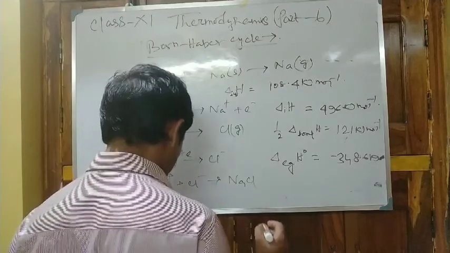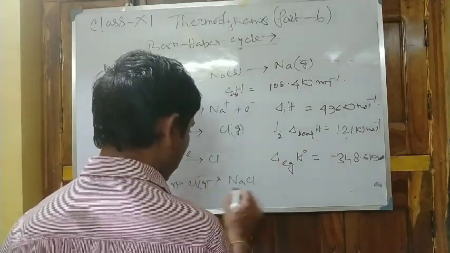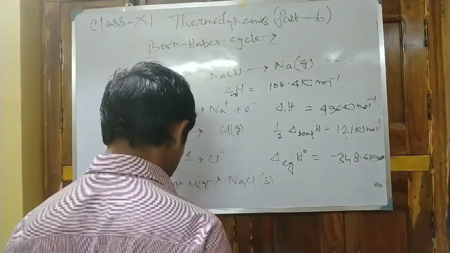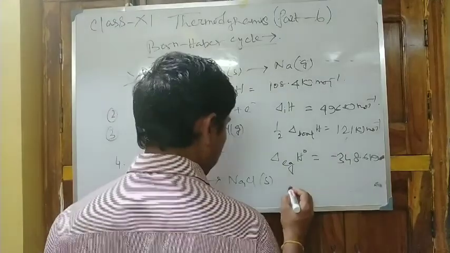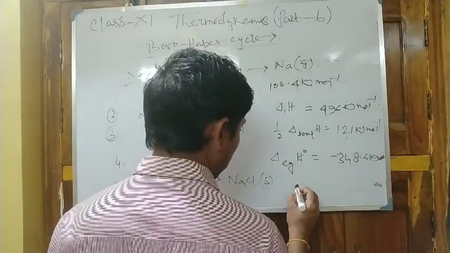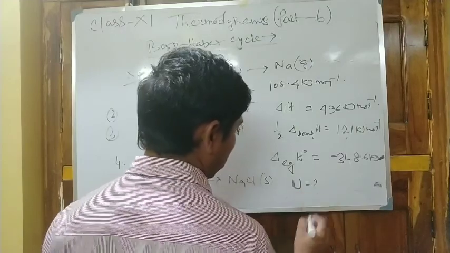Here the ions are gas, and NaCl is solid. It is the lattice energy U, which is unknown.